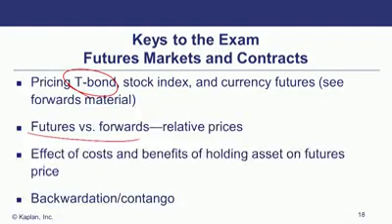Also, we looked at the relative pricing of futures versus forwards. We realized that the correlation between rates and the underlying prices was very important there. We again reiterated the idea that costs of carry increase the futures price, whereas benefits of carry reduce it, and we mentioned an important new word known as convenience yield.